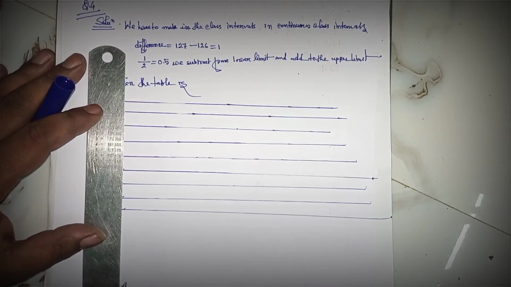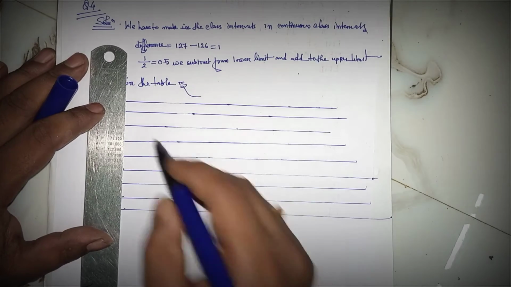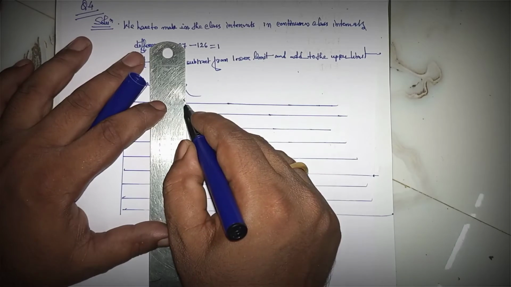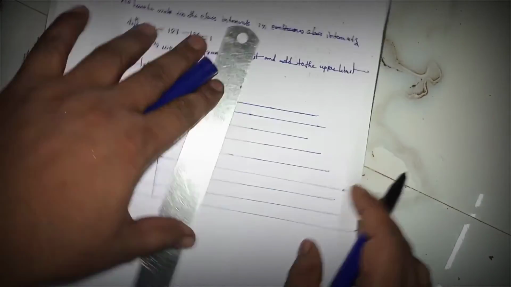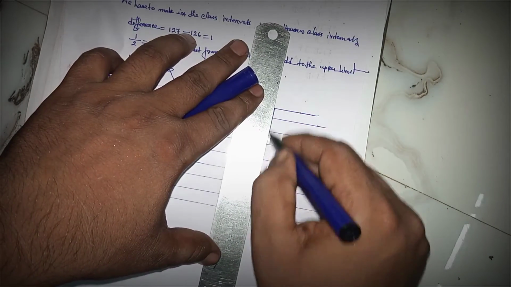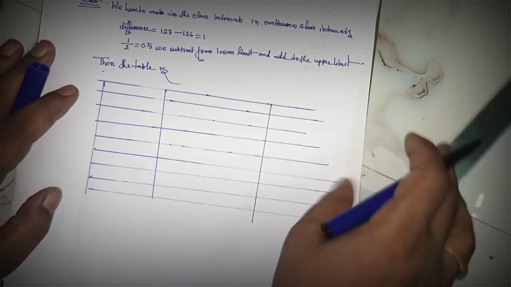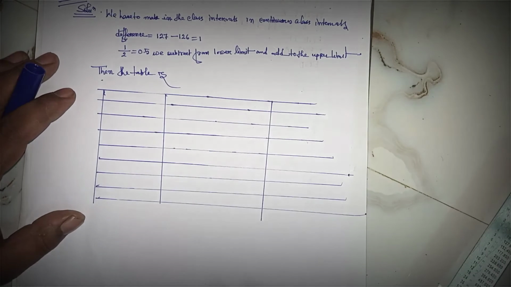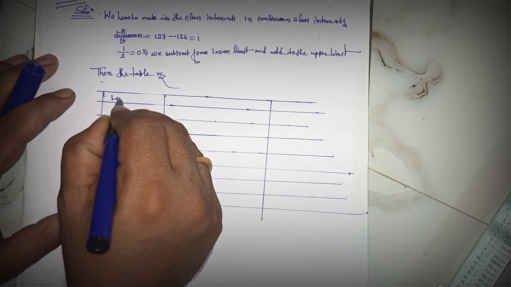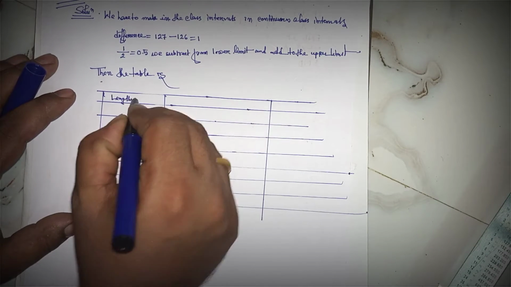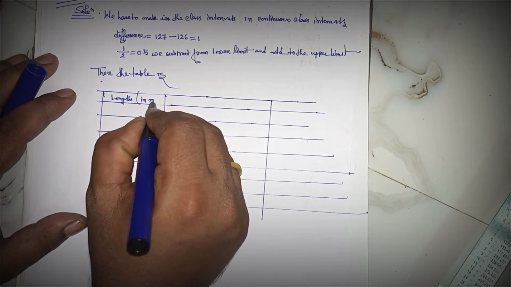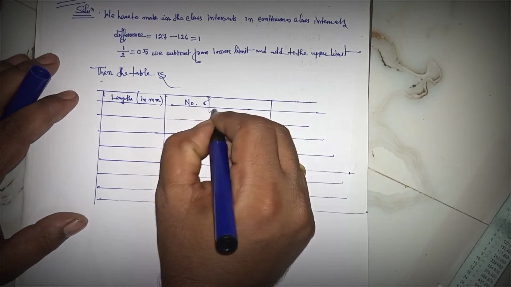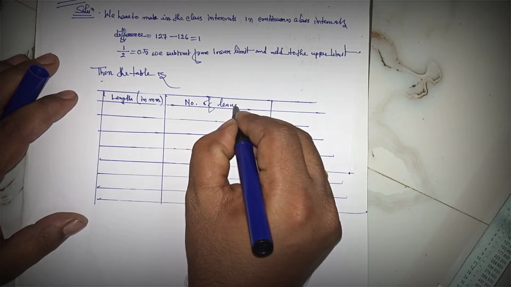The serial number was given, but there is no need to give the serial number. So the columns are intervals, length in millimeter, and number of leaves.